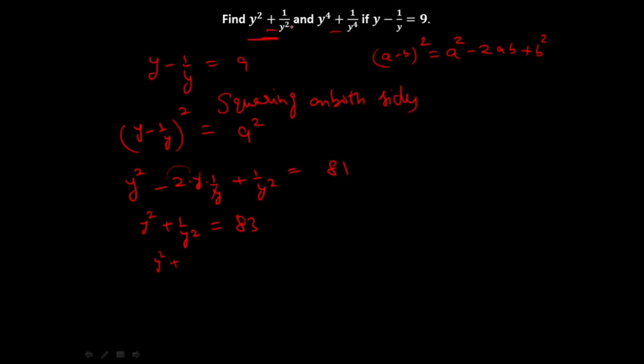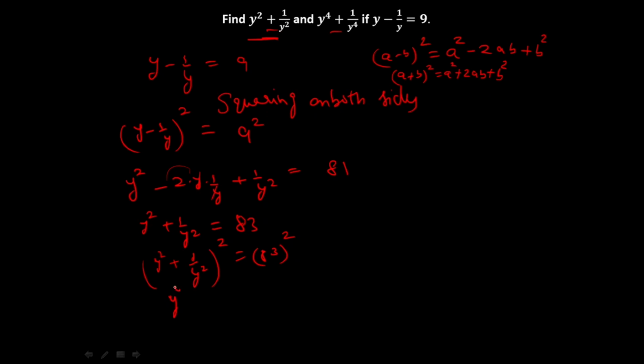Now how to find the second one? Again squaring on both sides. So 1 over y square whole square, 83 whole square, a plus b whole square. Now what is a plus b whole square? A plus b whole square equal to a square plus 2 times ab plus b square.